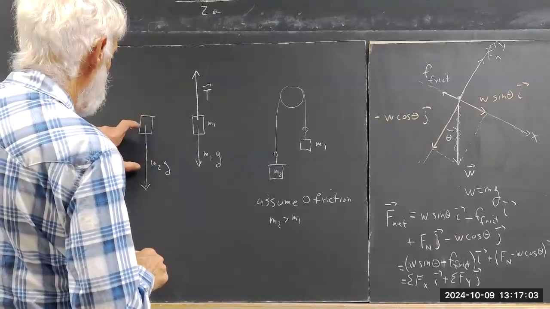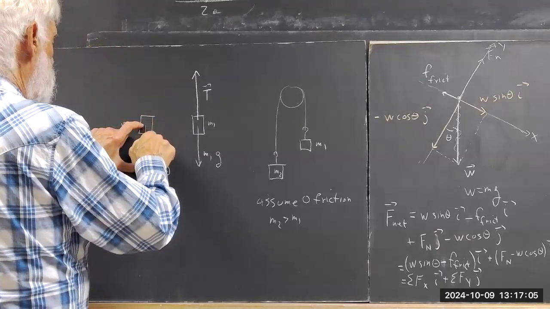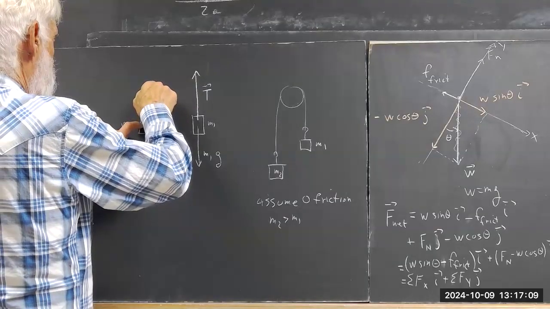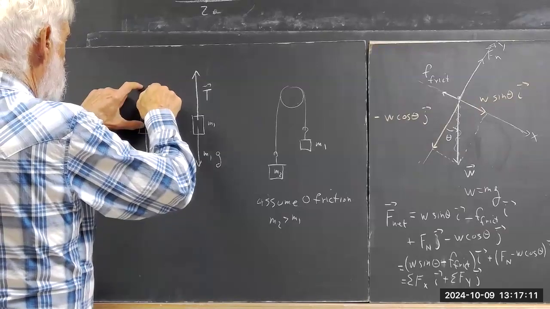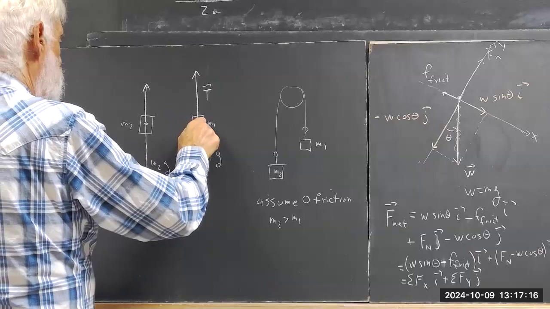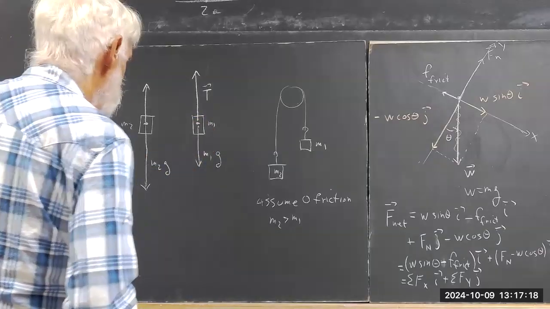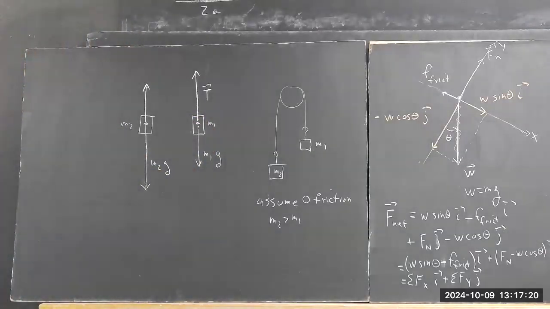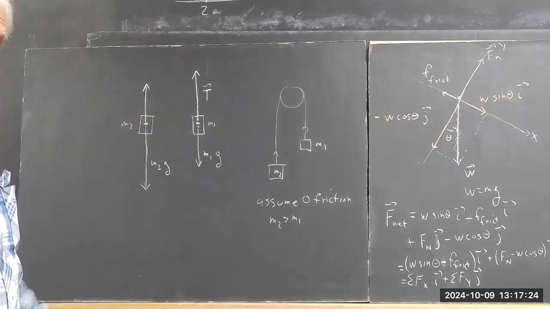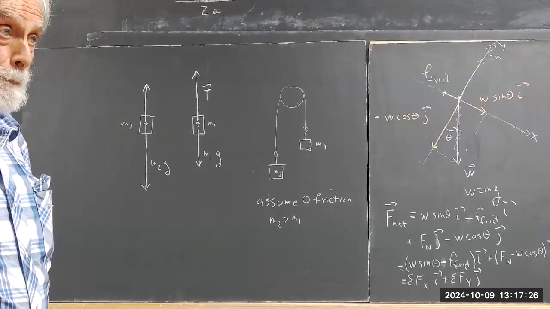And then we got the tension, which is going to be a little shorter than M2G. Okay, make it about like so. Okay, is it clear then that this thing is going to have a net force upward just from the lengths of the vectors?